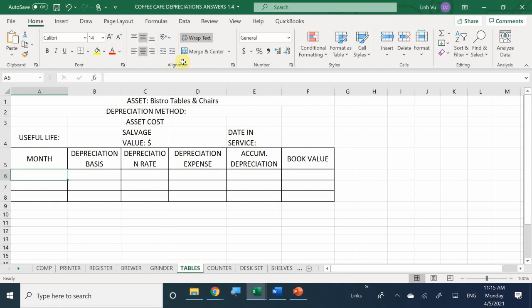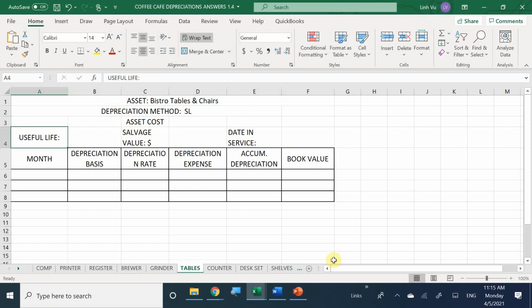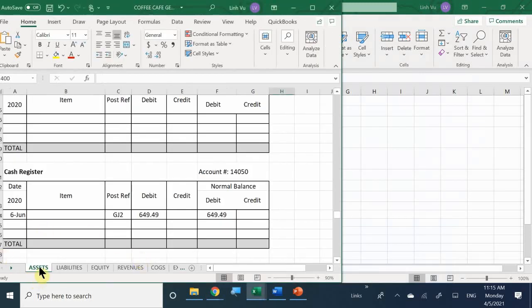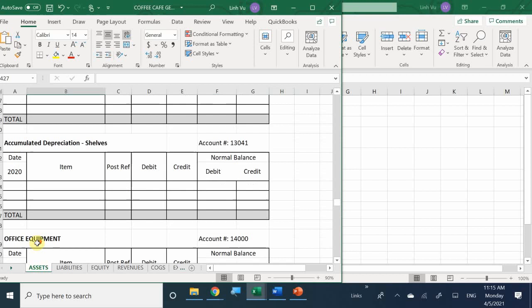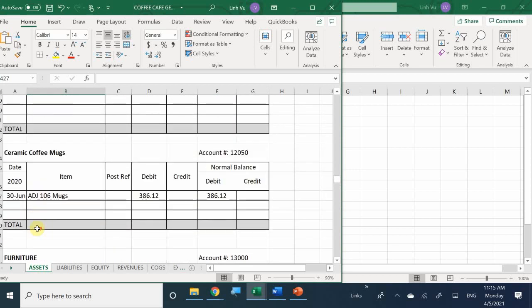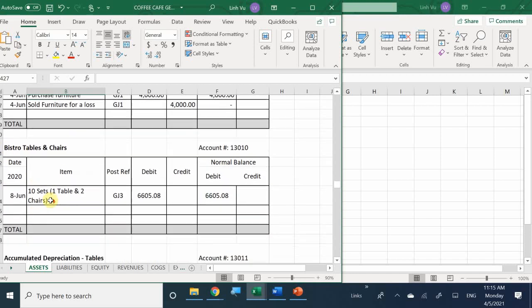My first one is my tables. Okay. We're given straight line with 7 years useful life and 0 salvage value. So let's go ahead and see what my tables were worth. So scroll all the way up. So table, here we are. The bistro tables and chairs.